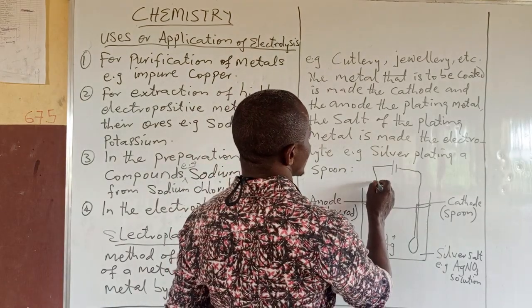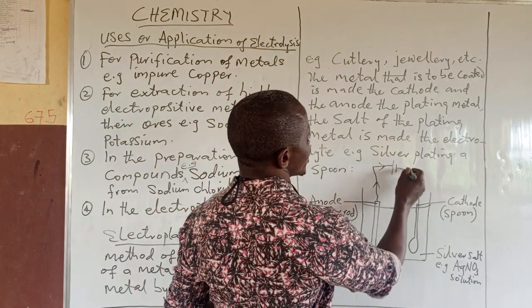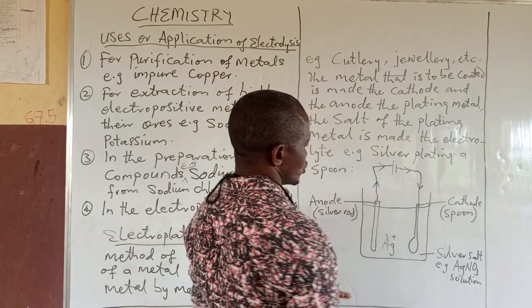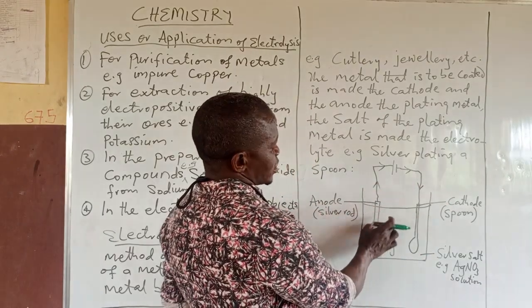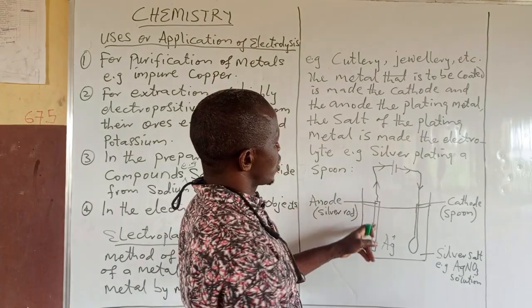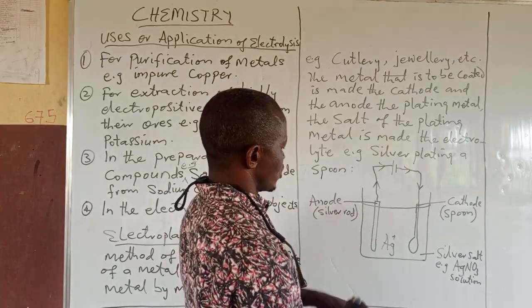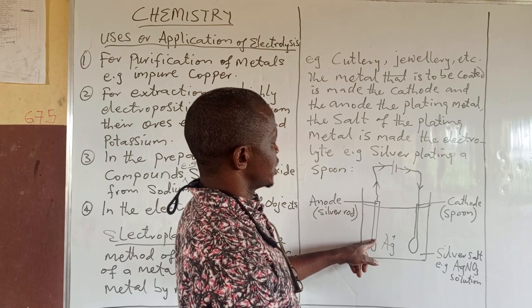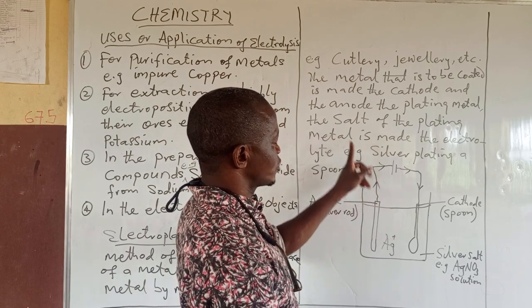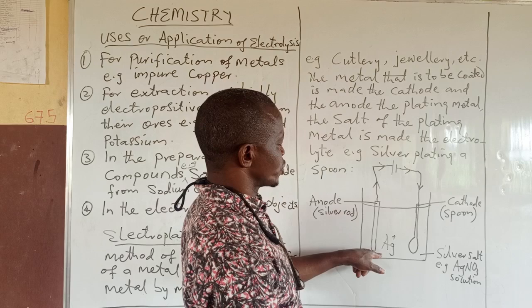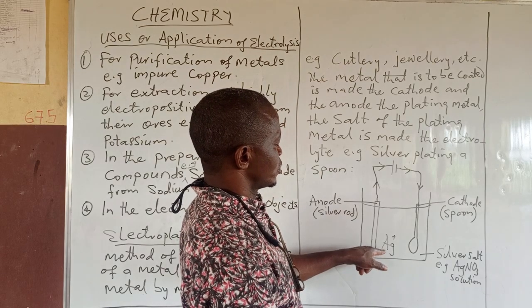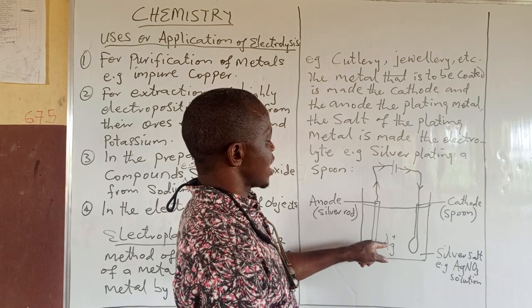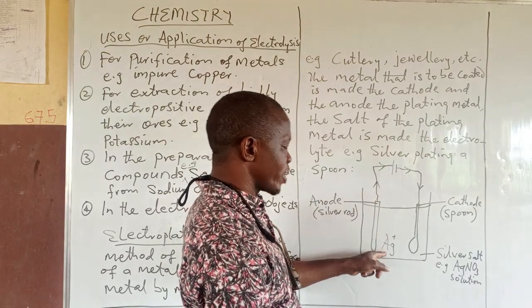By that, electrons are flowing upward and then coming down to the cathode. Now, when it ionizes, the atom that ionizes will not remain on the plate again, because it has given out its electron. It has to fall into the solution again in an attempt to increase the concentration of silver ion that are already there.